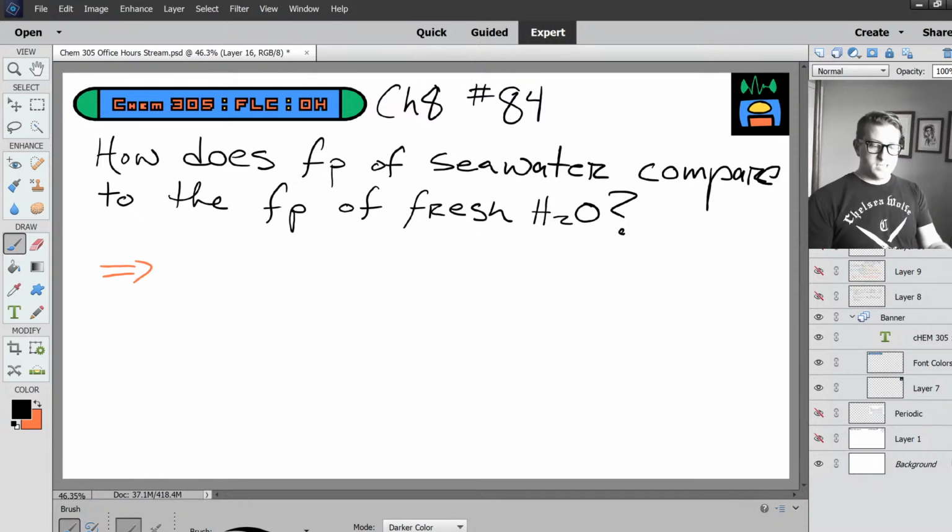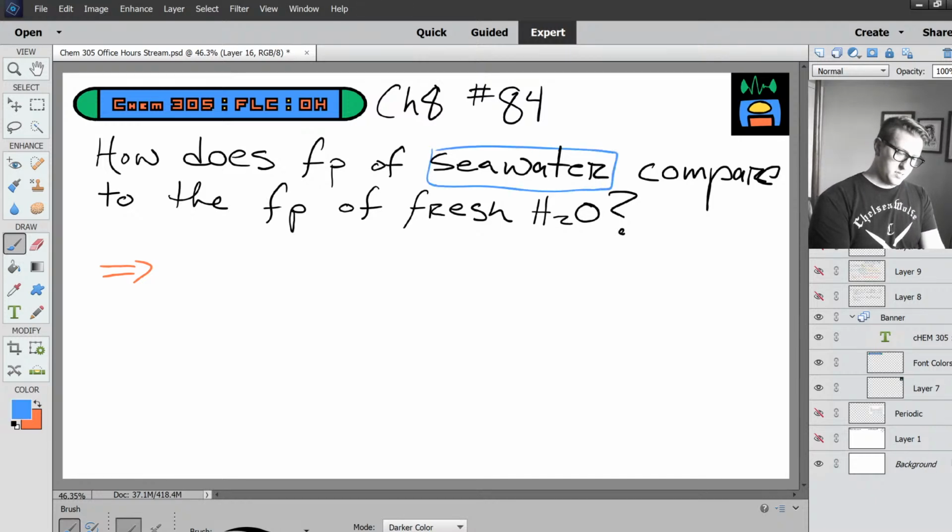So, seawater is salt water, right? It's got solutes. All right, freshwater more or less is pure. So they're basically asking a lot of solutes versus almost no solutes.